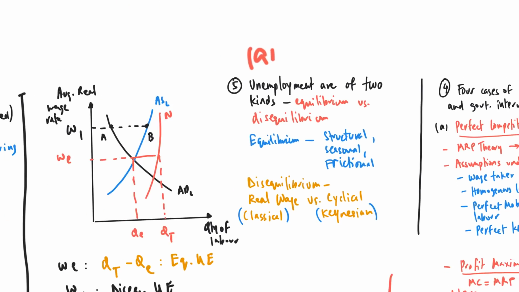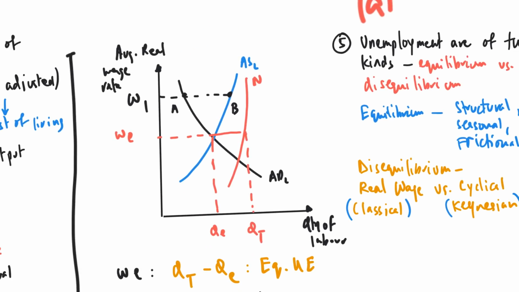We can make this diagram to show that the equilibrium unemployment happens at the equilibrium where demand and supply result in QE workers willing to work, but actually QT workers are looking for work, because this N curve is my labor force curve, all those people who are willing and able to work but unable to find work, some of them, but ASL is all those workers willing and able to work and are working.